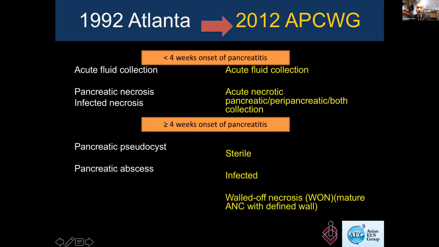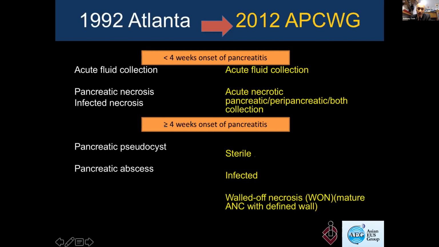So in theory, we usually offer drainage after 4 weeks from onset of pancreatitis, because only then is there a well circumscribed wall, and it becomes safe for EUS guided drainage. If there is not a well circumscribed wall, then there's a risk of free perforation.